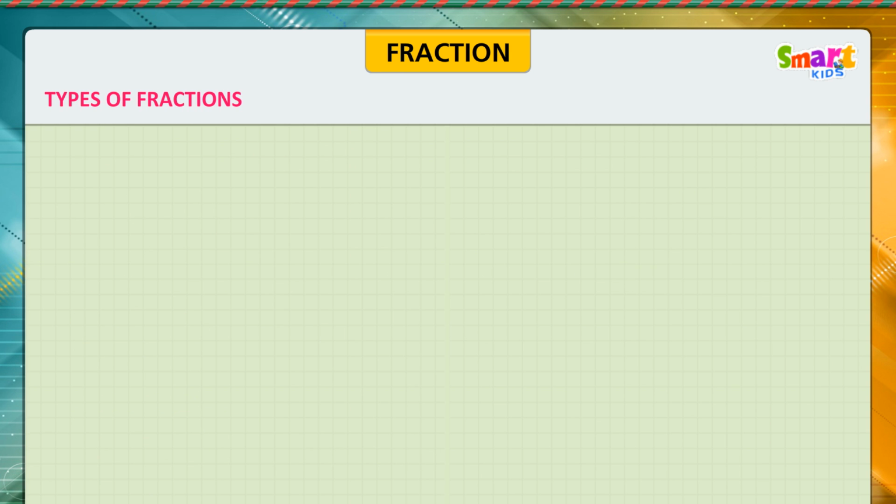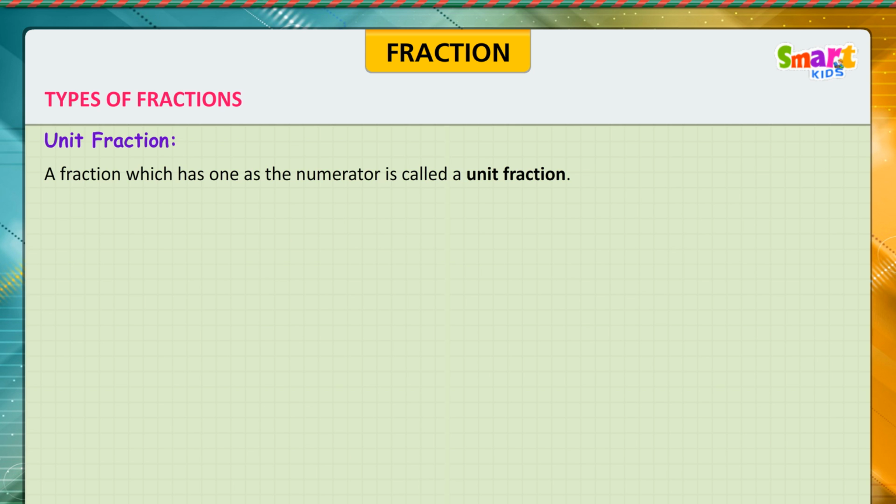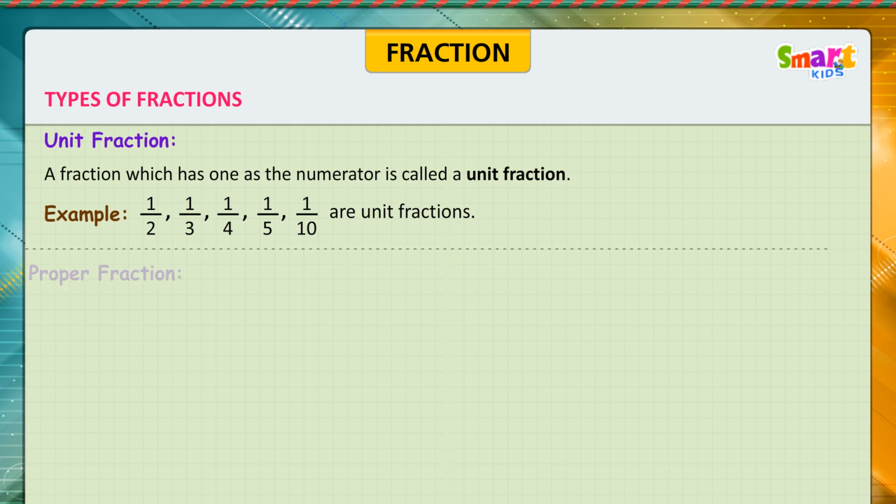Types of fractions. Let us know how many types of fractions there are. Unit fraction. A fraction which has 1 as the numerator is called a unit fraction. For example, 1/2, 1/3, 1/4, 1/5, 1/10 are unit fractions.